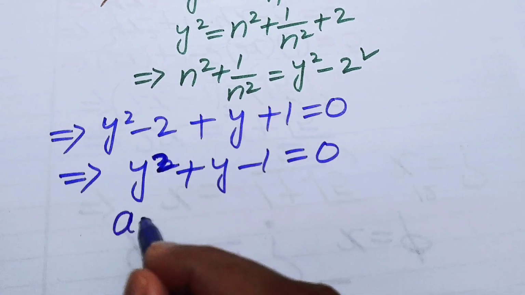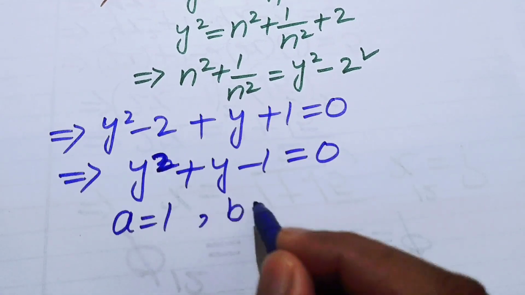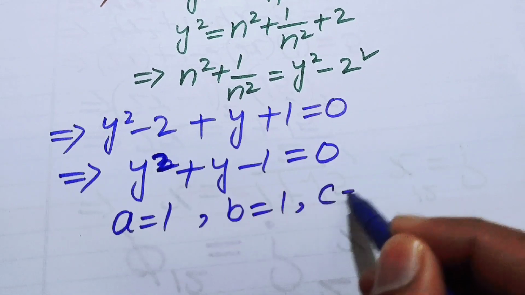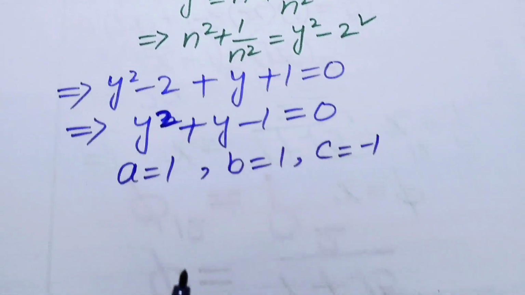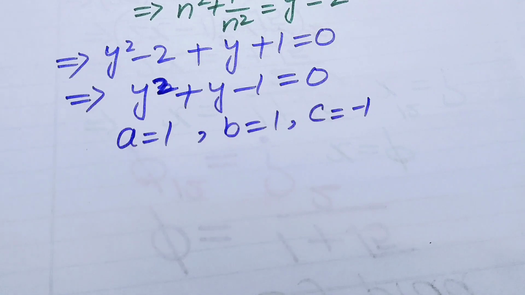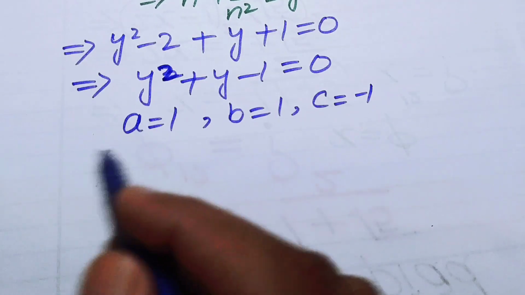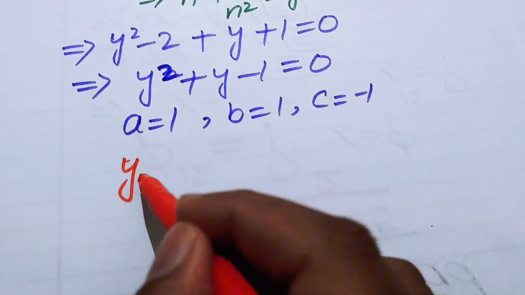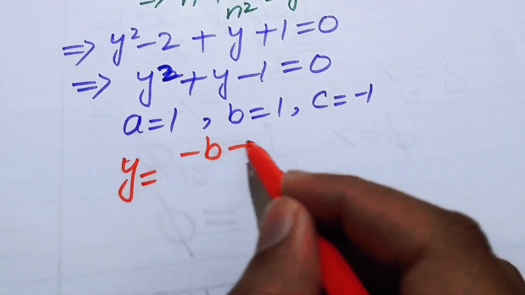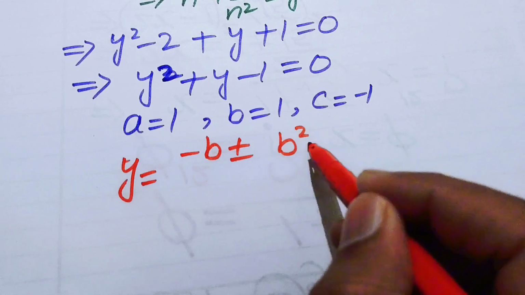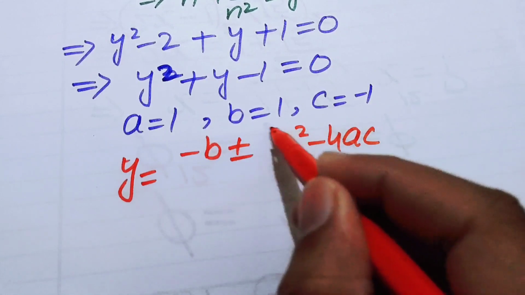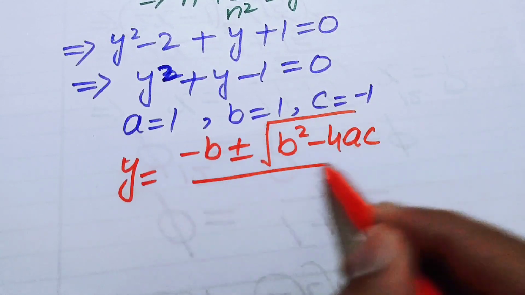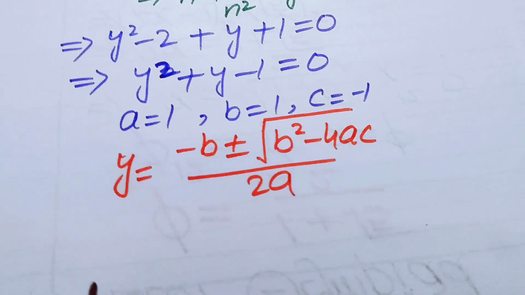So here we have a equals 1, b equals 1, and c equals minus 1, and our quadratic formula will be y equals minus b plus or minus the square root of b squared minus 4ac, over 2a.